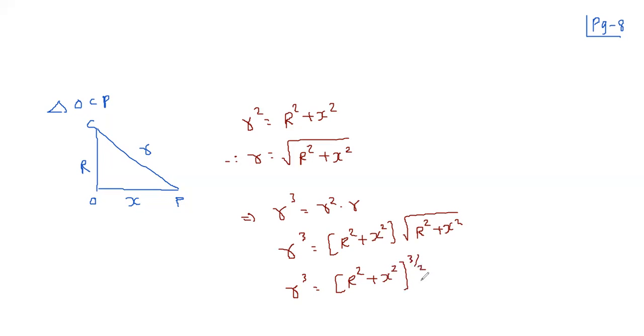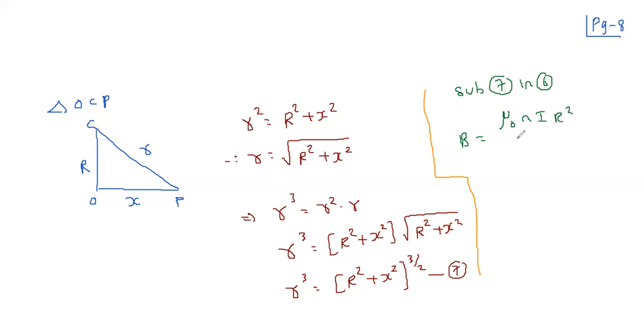Correct. So I am going to substitute the 7th equation in the 6th equation. Substitute 7 in 6. We are getting B is equal to mu naught n I R square by 2 into R square plus x square whole power 3/2.